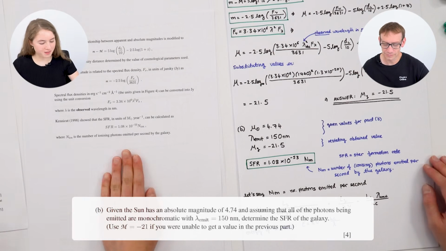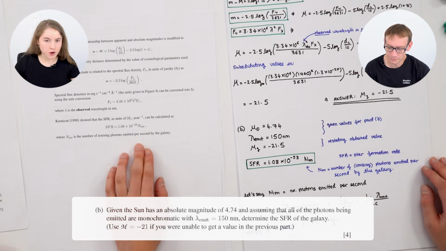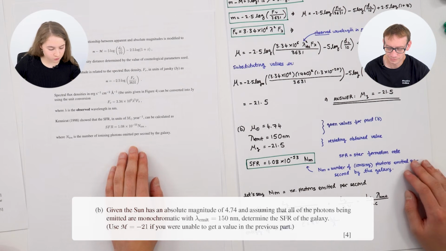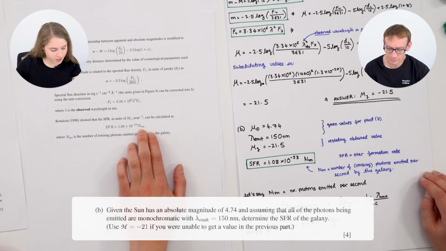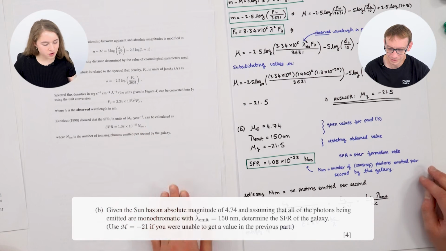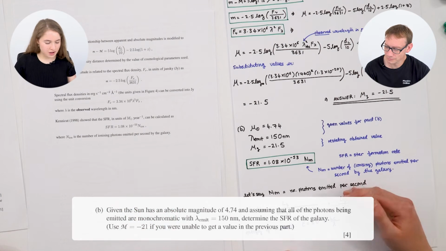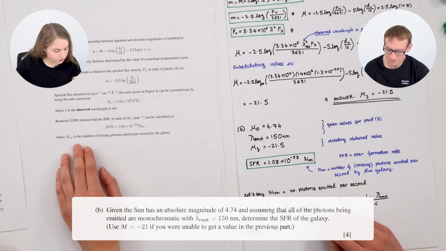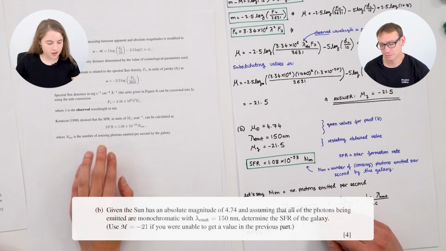But we have these formulae that we've been given, and they tell you how to work out the star formation rate of the galaxy. It's all handy, all well and good, but they've done it in terms of N-ion. So we know how to find the star formation rate of the galaxy from N-ion. But what's N-ion? They've told you that. N-ion is the number of ionizing photons emitted per second by the galaxy.